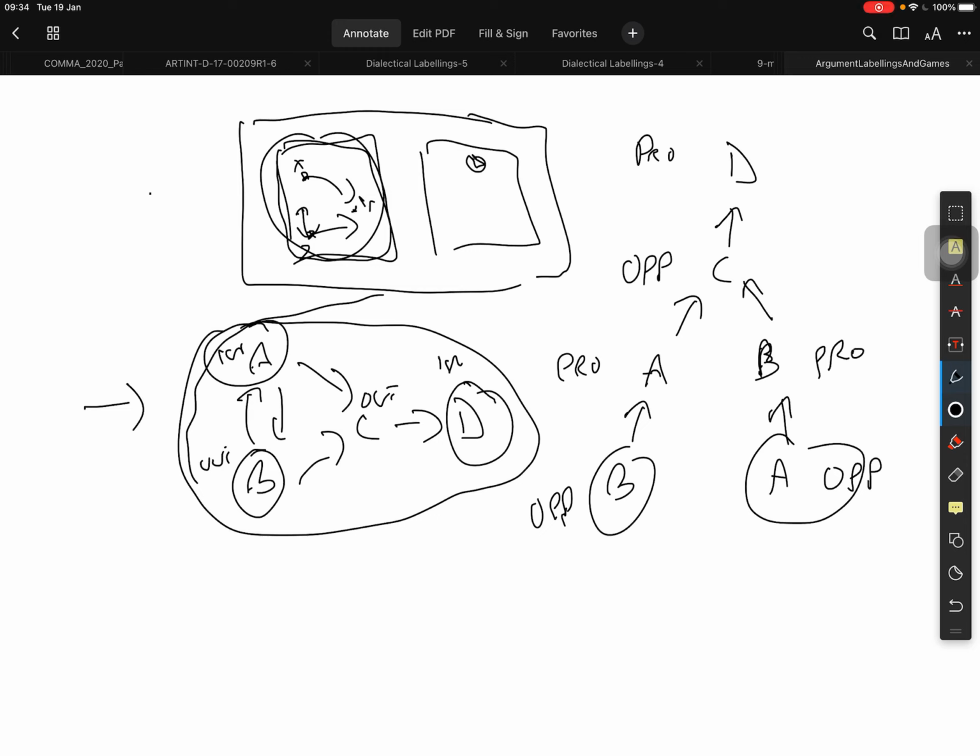You'll be able to animate these games and select arguments and move them in this adjacent pane in your application, and then the computer evaluates who is winning the game at any given stage, or who has successfully demonstrated that the argument the proponent starts with is either in or not in the grounded or preferred labeling.